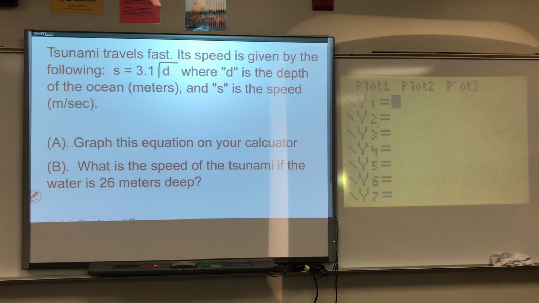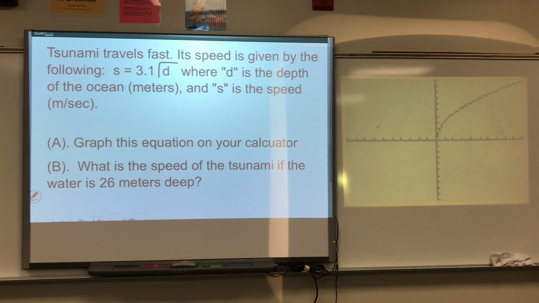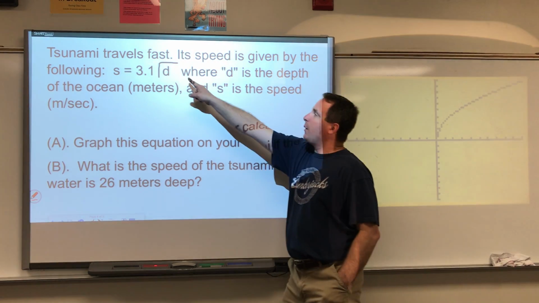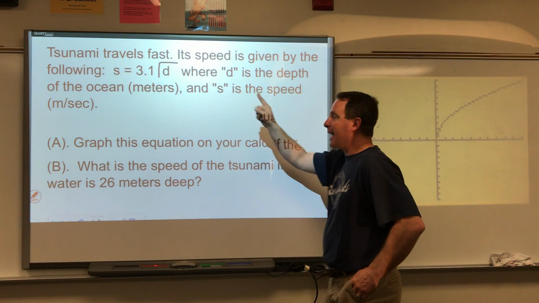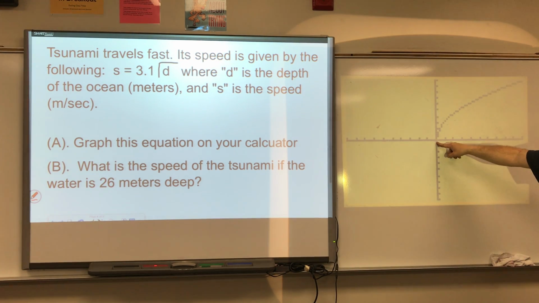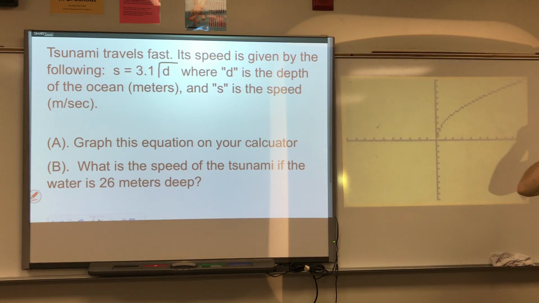I'm going to do y equals 3.1 times the square root of x. Okay, and if I graph it, there it is. Notice that, where's this vertex? Where does it start? There is no h and there is no k, so its vertex is right at 0, 0.